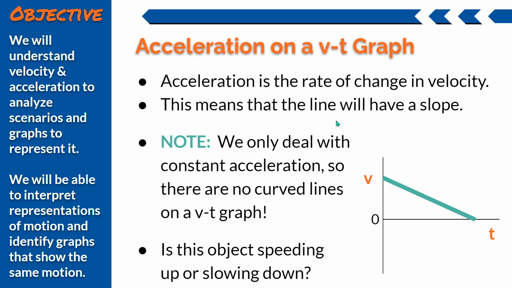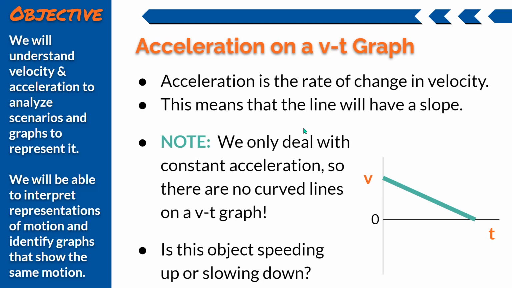Okay, as a reminder, acceleration is rate of change in velocity. If your velocity is changing, that means your line will have a slope. Okay, for example, if you put some numbers to that, maybe this object is going from a velocity of 3 to 2 to 1 to 0. That could be true, there are no numbers, but that could be what that is showing.